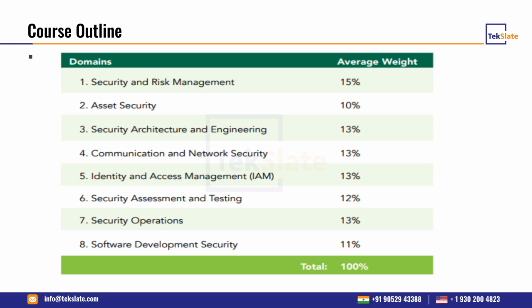So this CISSP course, or what I would say exam, has 8 domains, and the domains have some weightage: security risk management 15%, asset security 10%, security architecture 13%, and so on, right? The eighth domain, software development security, has the least weightage, and security and risk management is the most critical one.